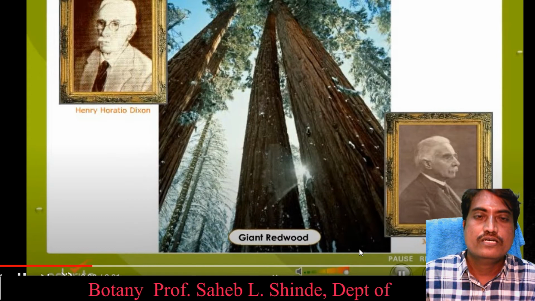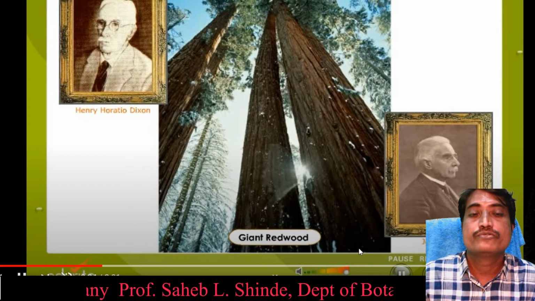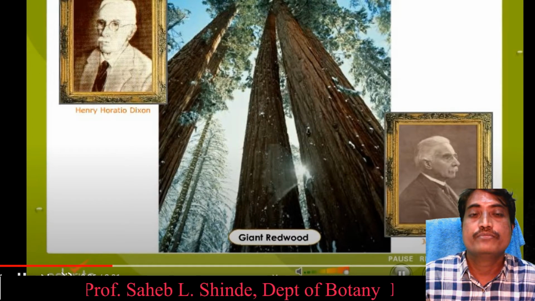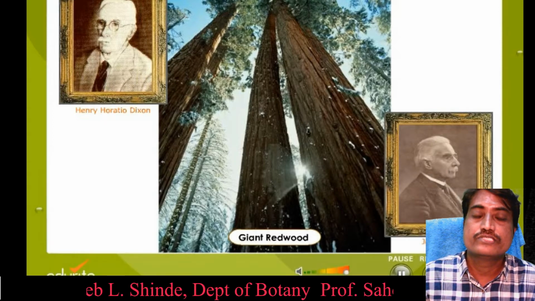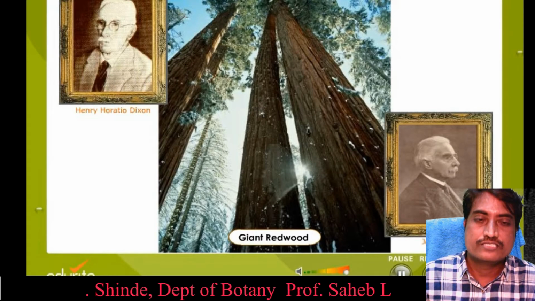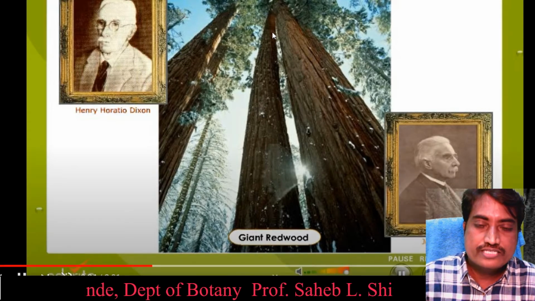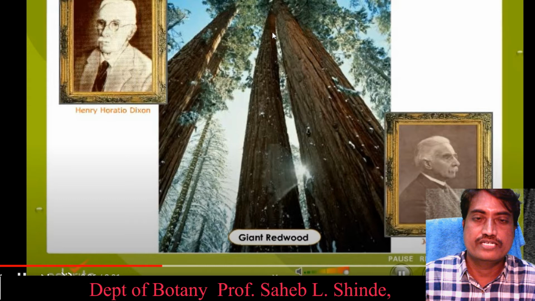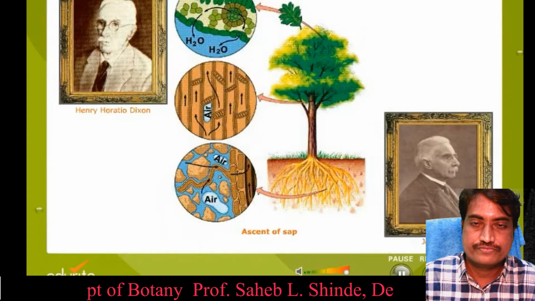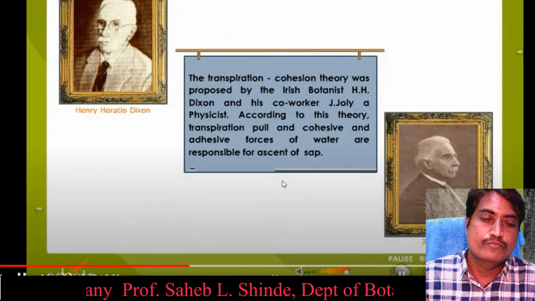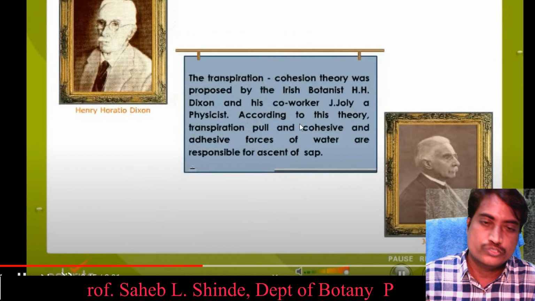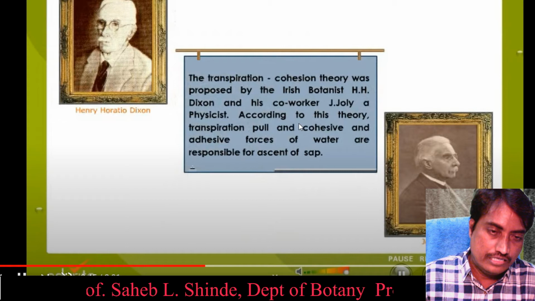How is it possible to move water from the lower side to the upper side in such a huge plant? This is possible by the transpiration pull theory, explained by Dixon and Joly. Now see, this is the ascent of sap. Water is moved from the lower side to the upper side according to this theory.